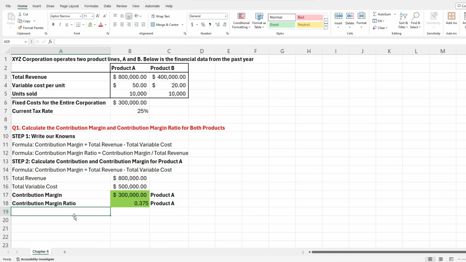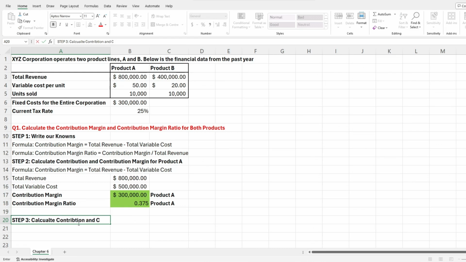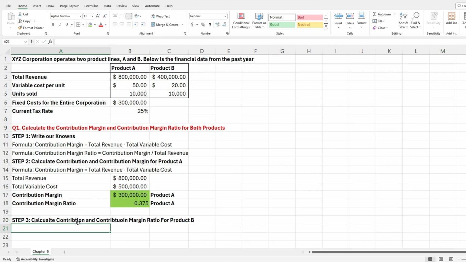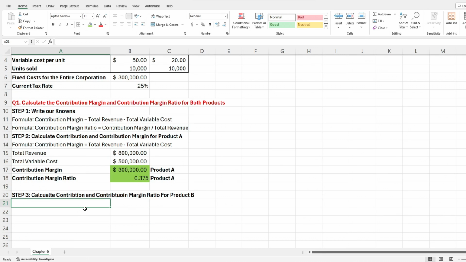All right, so step 3. Let's calculate our contribution margin and contribution margin ratio for product B. So I'll redo the formula.